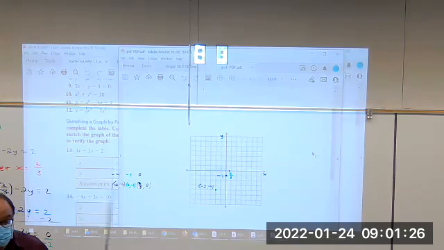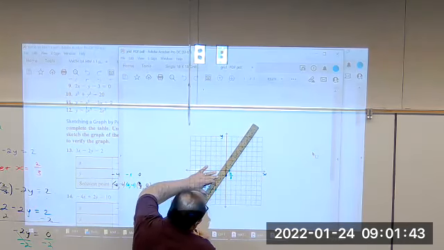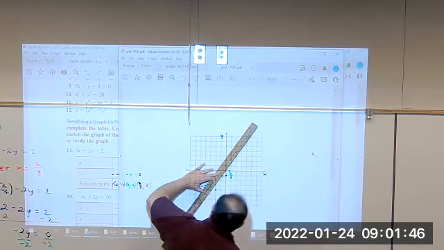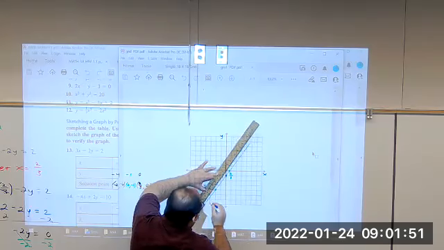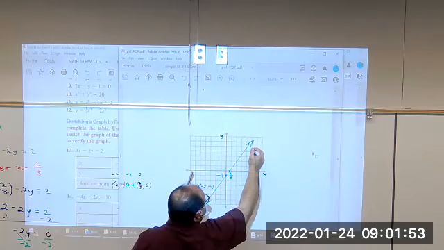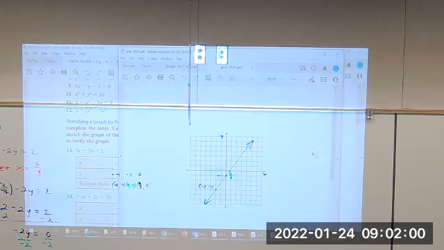When you graph your line, take the straight edge. Take an ID card, driver's license, credit card, whatever it is, and draw something nice and straight. And when you graph lines, make sure you put arrows on because the line goes on forever.